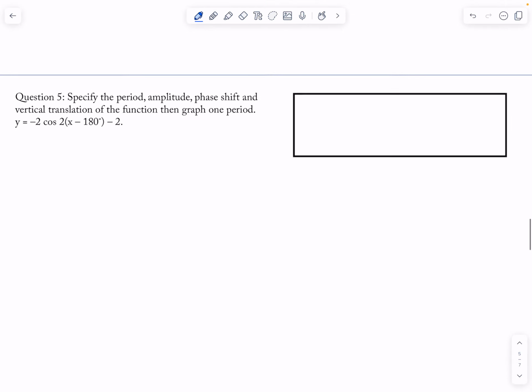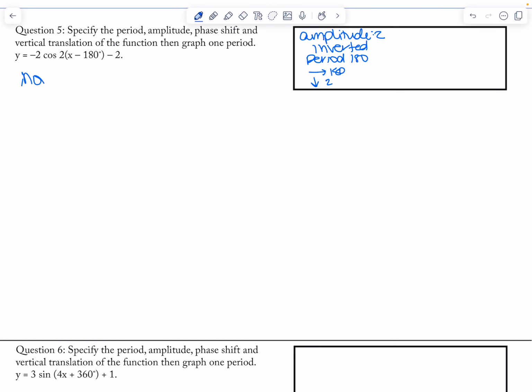Okay, question 5. So my amplitude is 2. It is inverted. The period is 180 degrees. I'm going to the right by 180. I'm going down by 2. So normally for a period of 180, 45, 90, 135, 180.